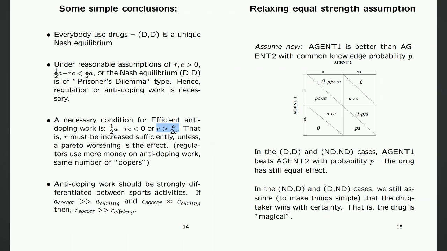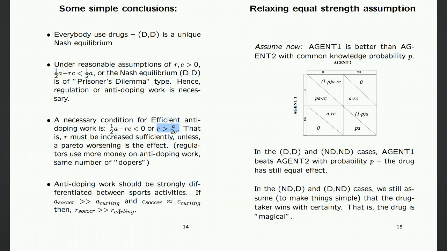Okay, so if you're interested in doing efficient doping prevention, you need to divide your doping tests unevenly between different sports. So if cross-country skiing is a risk activity, you should have far more doping tests there than you have in soccer.